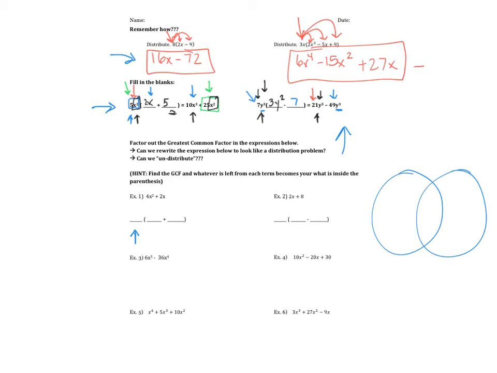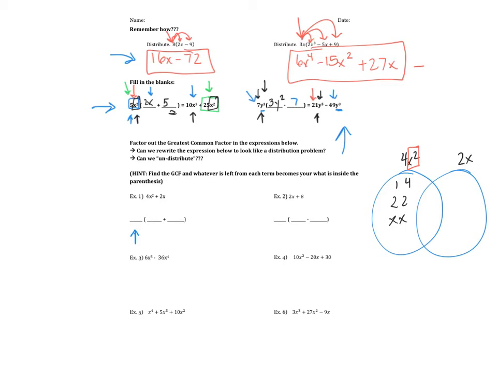Okay? So, in example 1, we have 4x squared, which would go on one side, and 2x, which would go on the other. Okay? So, what we're going to do is pull out, so we know that 1 and 4 go together, and we know that 2 and 2 get 4. We also have 2 x's here because it says x squared.